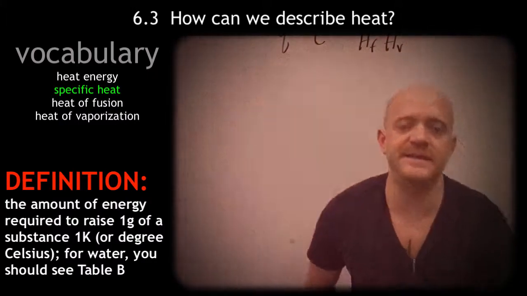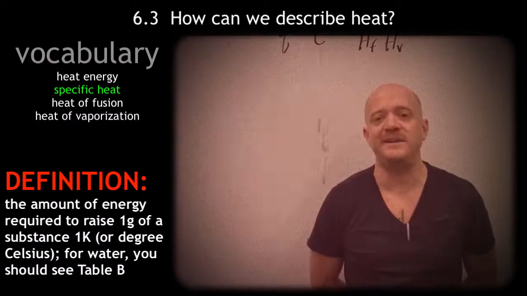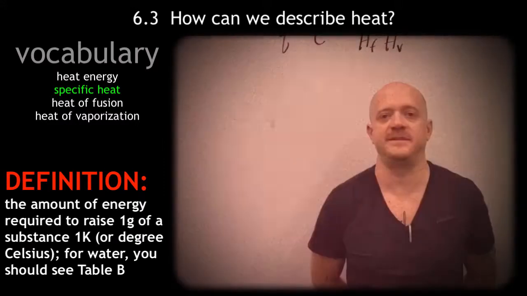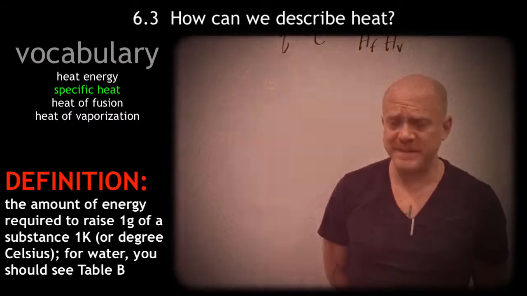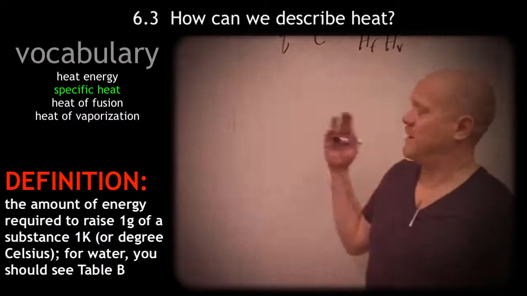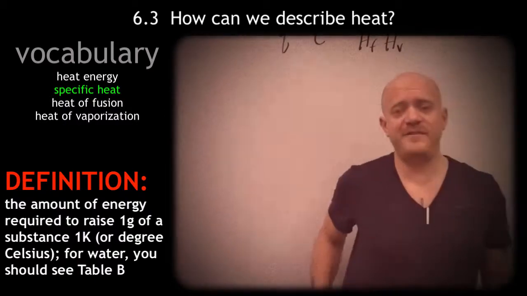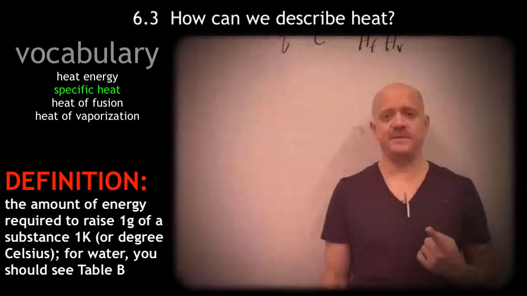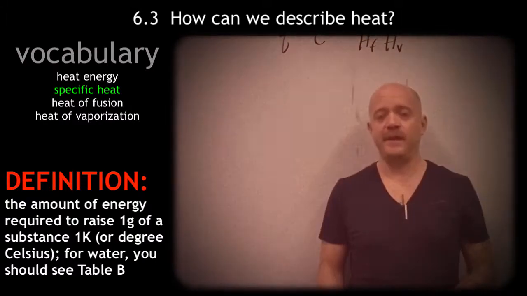And what that means is it takes 4.18 joules to raise 1 gram of water 1 degree Kelvin, or 1 degree Celsius. So the specific heat just means how much heat you have to add in order to change 1 gram of that substance 1 degree.